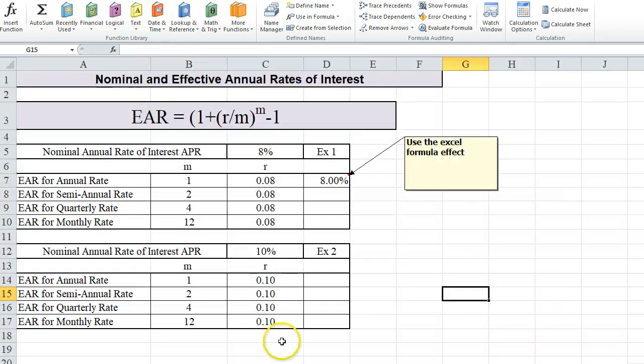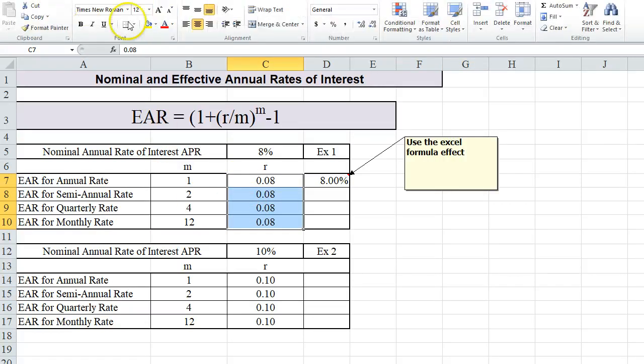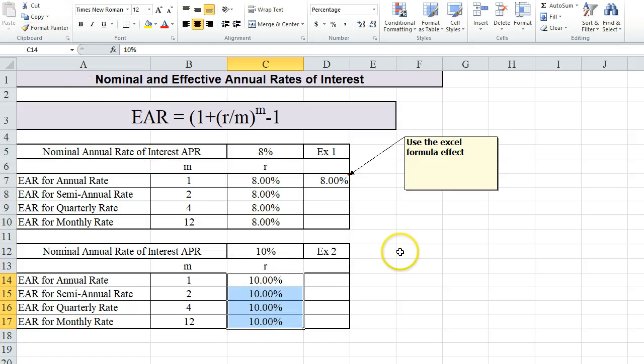Okay, so let's move on to the last worksheet, which is effective annual rate. So a nominal rate is just the stated rate of interest for the year. So let's put this like that, and use this format painter and just paint these down here, keep them as percentages.